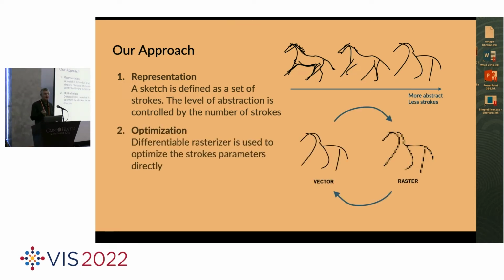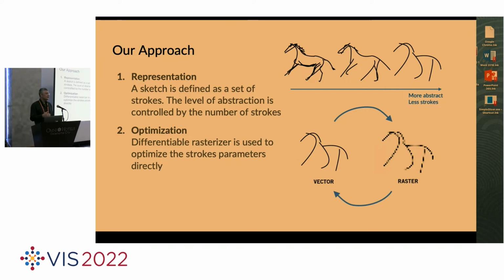And this optimization algorithm actually takes our strokes and rasterizes them into an image. Now, we're using that in order to then use the image and compare it to the original image that we got as an input.